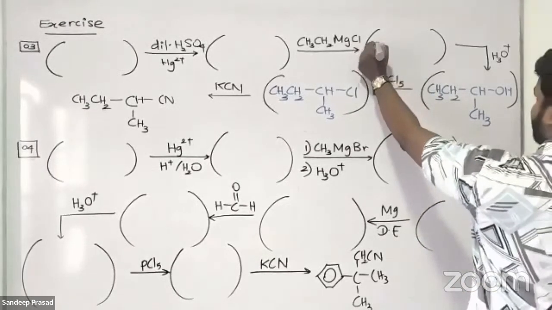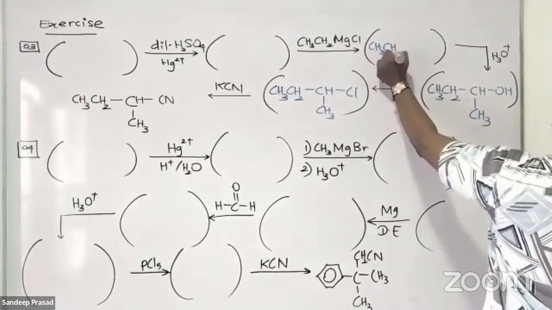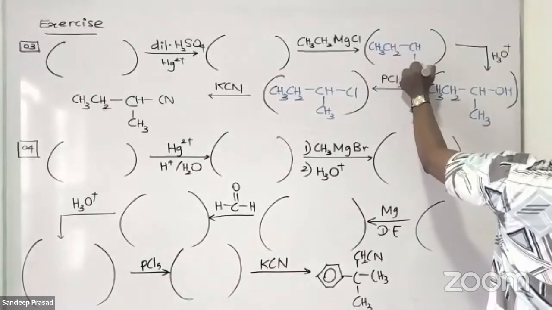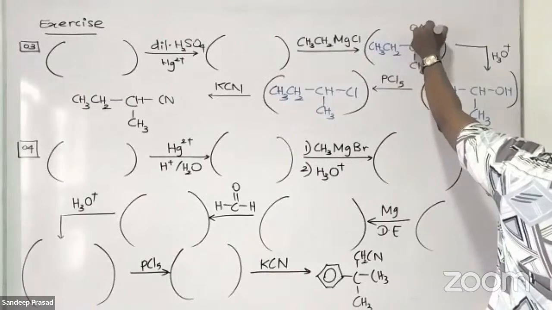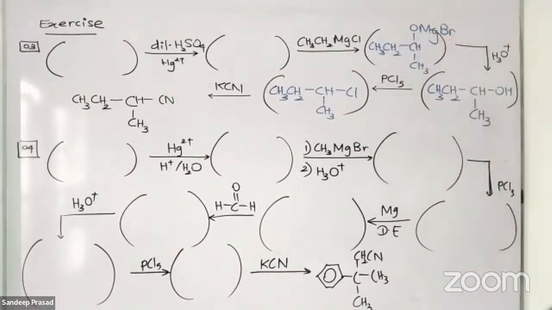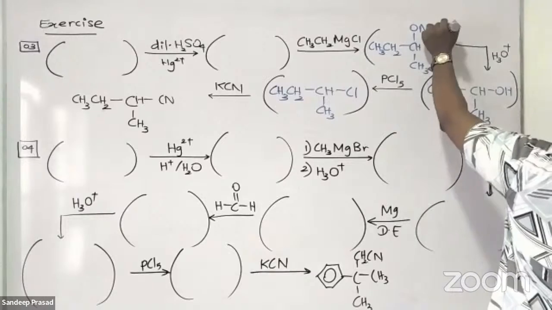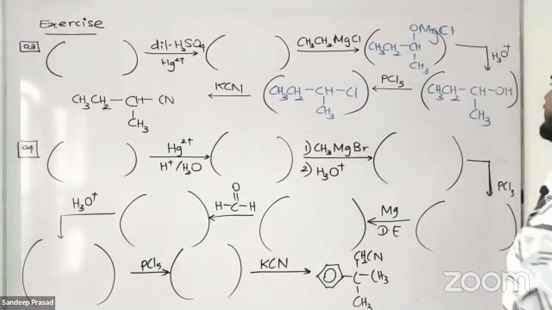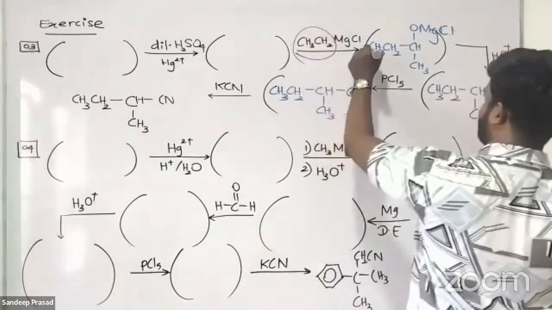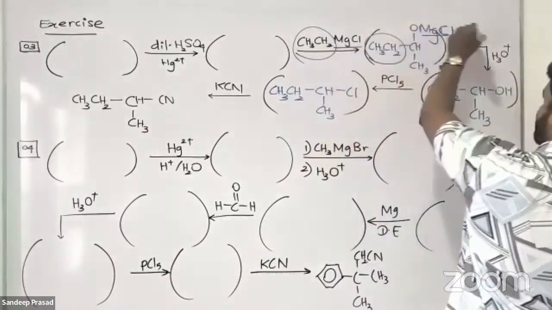H3O+ is added, which means definitely we have started from OMgCl, sorry. Then we can see that the Grignard reagent is CH3CH2MgCl.